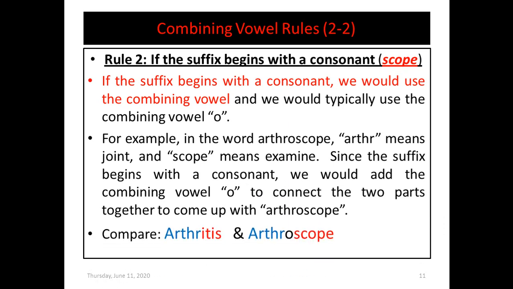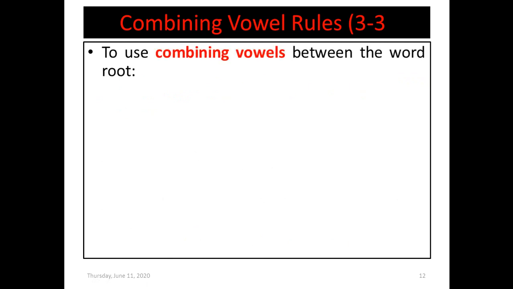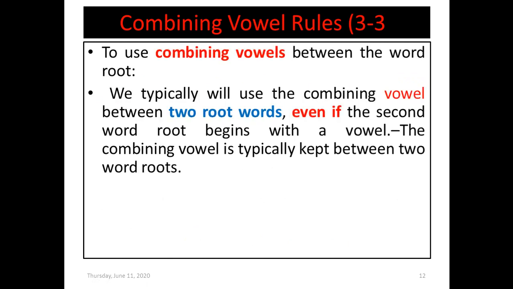Arthritis and arthroscope: how do they compare? In arthritis, as we said, itis begins with a vowel, so there is no need to add o in between. While here we have to add o because there is a consonant. Okay, and now the use of combining vowels between word roots. We typically use the combining vowel between two word roots even if the second word root begins with a vowel.